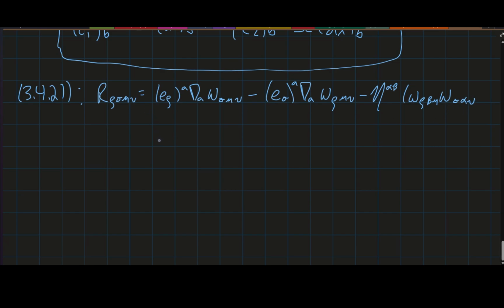We're going to have to continue over here, minus omega sigma beta mu omega rho alpha nu, plus omega rho beta sigma omega alpha mu nu, minus omega sigma beta rho omega alpha mu nu. Okay, so that's quite an expression, but that is okay. It's a lot of plug and chug, honestly.